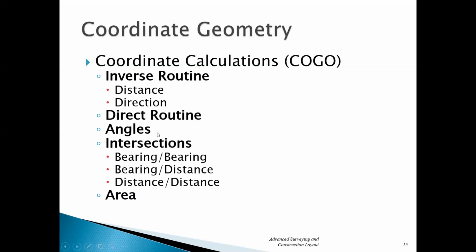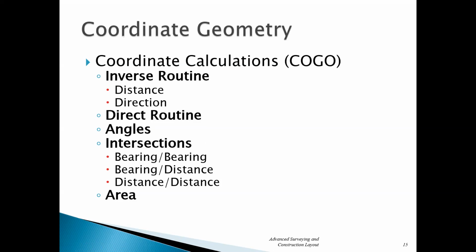Then you can get some higher level stuff, which are called intersections, where you can take two bearings from two known points and shoot them at each other. Or you can do a bearing and a distance and intersect them, or you can do a distance-distance. You do a lot of this in AutoCAD. An example of a bearing intersection is when you take two lines that are not touching and fillet them with a zero radius.